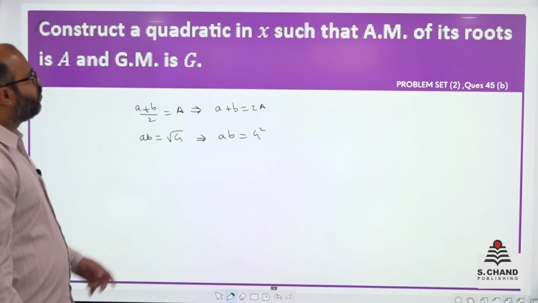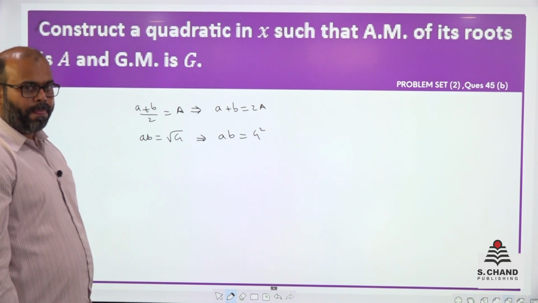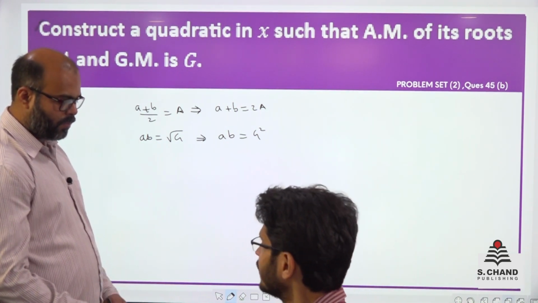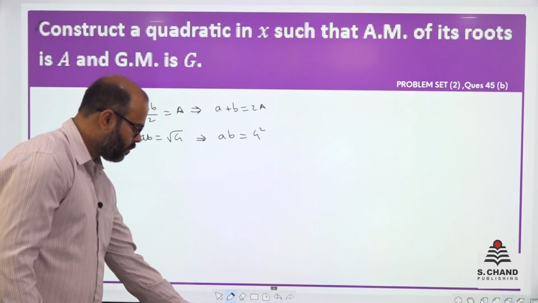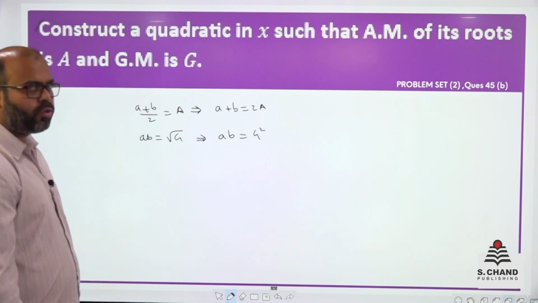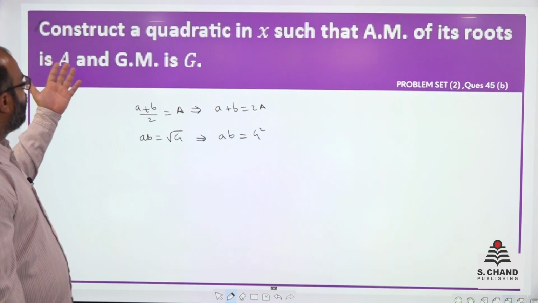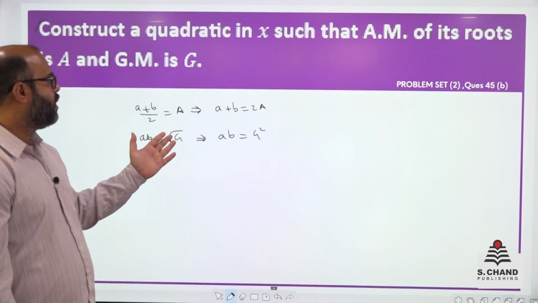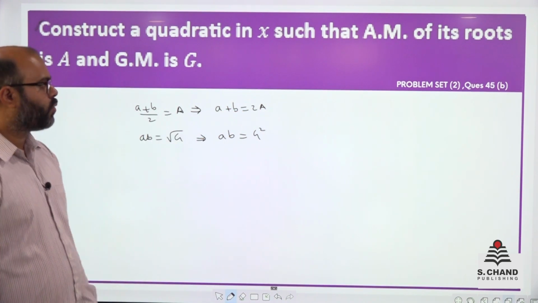Now if you have to construct a quadratic in x, in this question we see that (a plus b) by 2 is A and root over ab is G, then a plus b is 2A and ab is equal to G square.